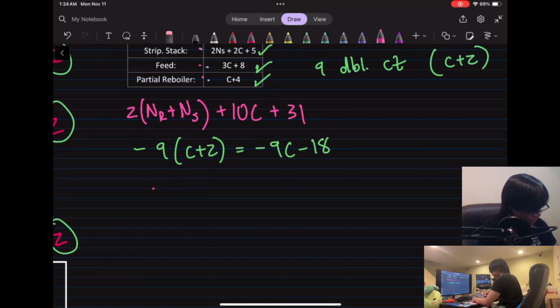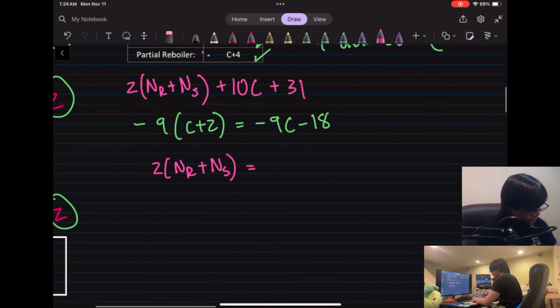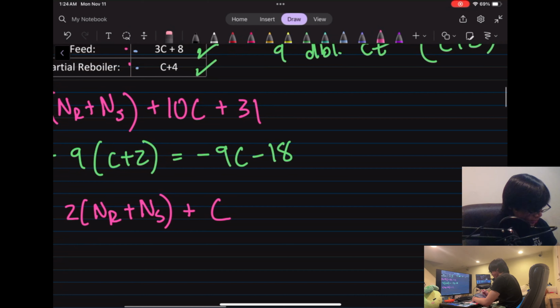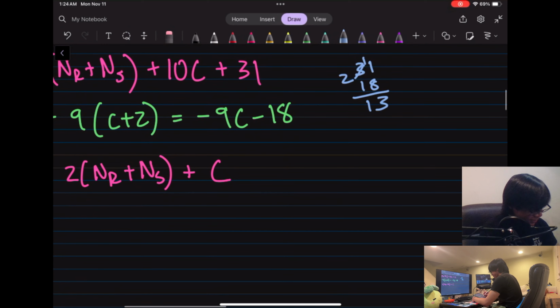Be consistent here. Our number for rectifying and stripping sections, and if you subtract 9, I don't know why I put equals. We have 1 C and, oh boy, 31 minus 18, oh, 13. Okay, 13.